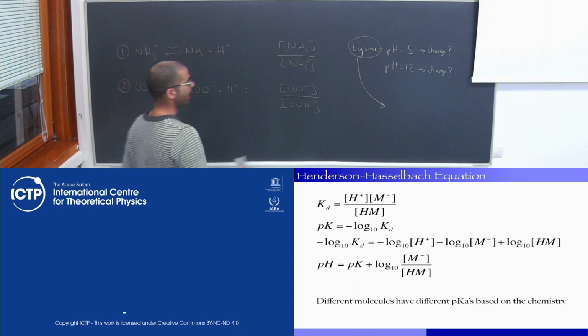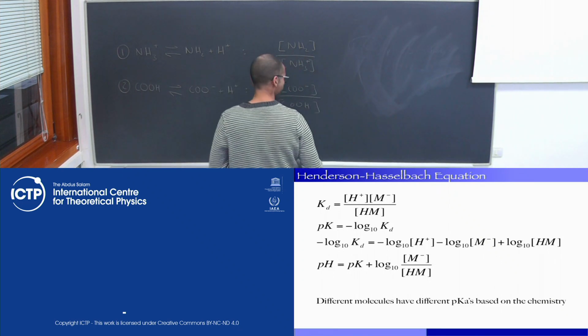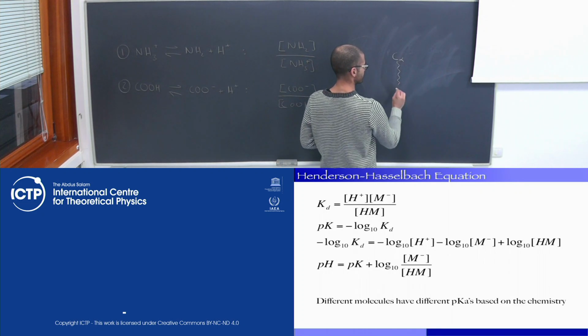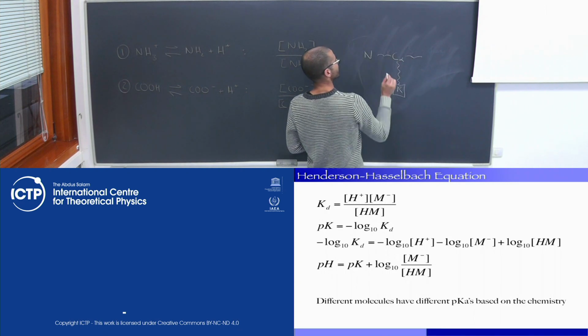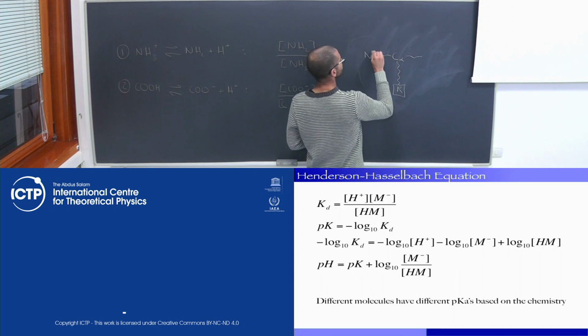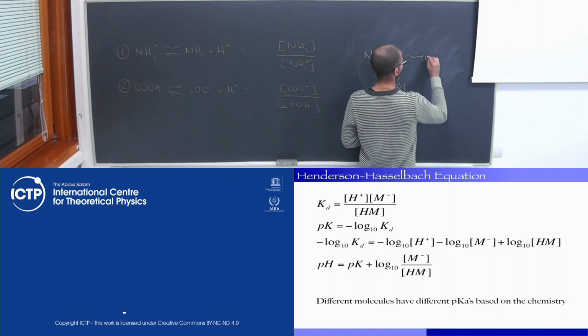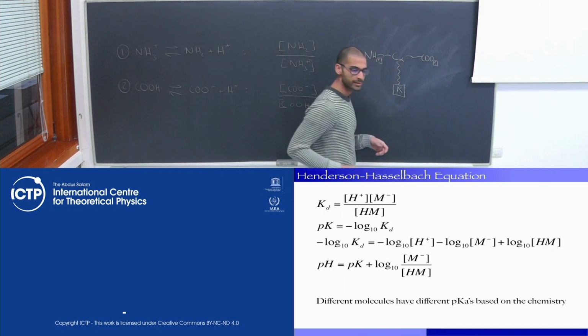Let's do the following. So lysine has that's the R group, and it has an NH question mark, COO question mark.